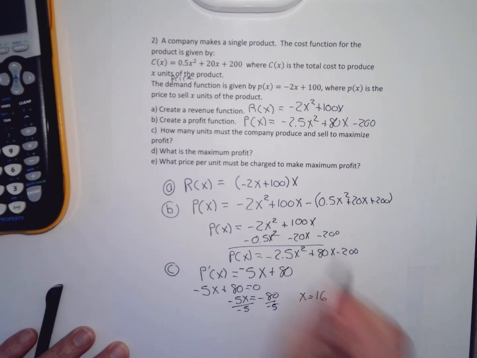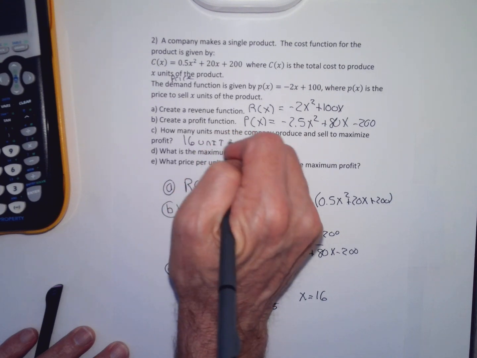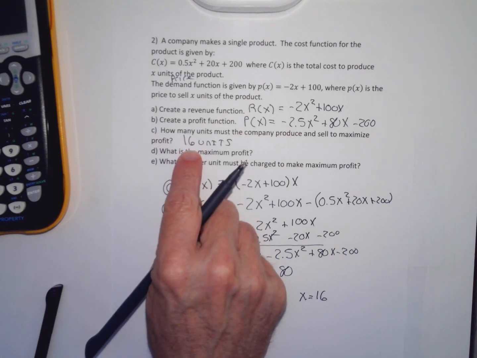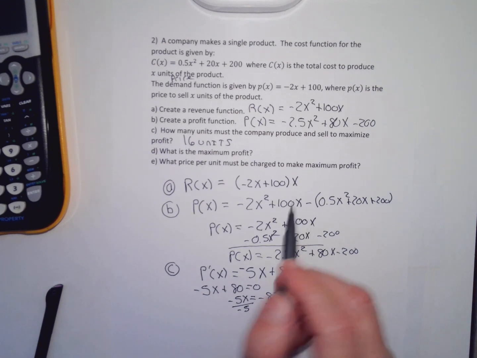I think the number of units to maximize profit is going to be 16. And instead of doing the formal calculus to show that this is a maximum point, I'm just going to visually verify it by graphing this parabola and making sure the point that has x equal to 16 is the maximum point. And so let me take this profit function.